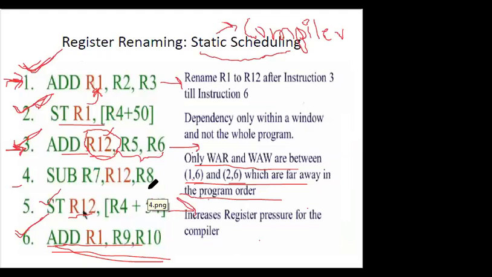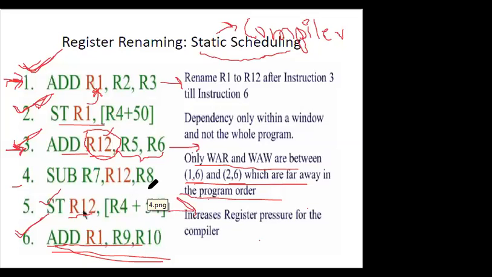Those instructions which have RAW dependencies will have to wait for the previous instruction to complete. Otherwise, those instructions which have WAR and WAW dependencies can be executed simultaneously by performing register renaming.